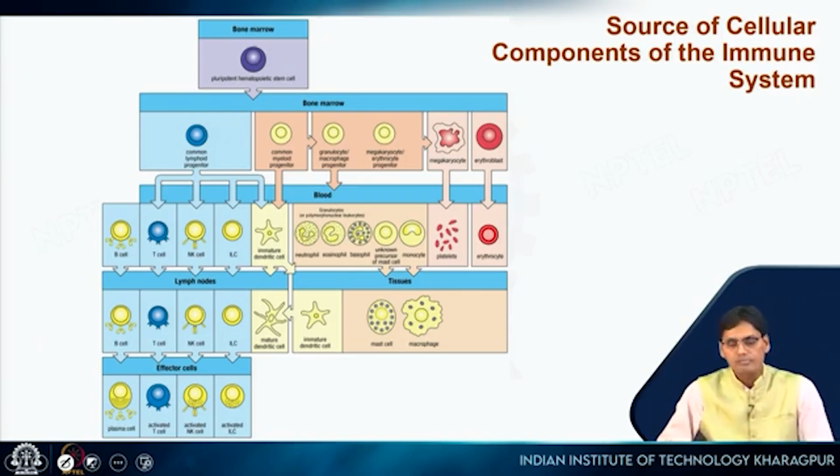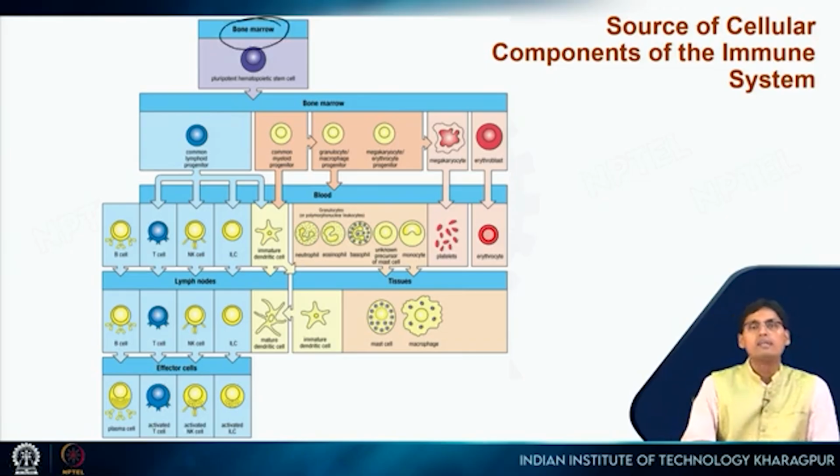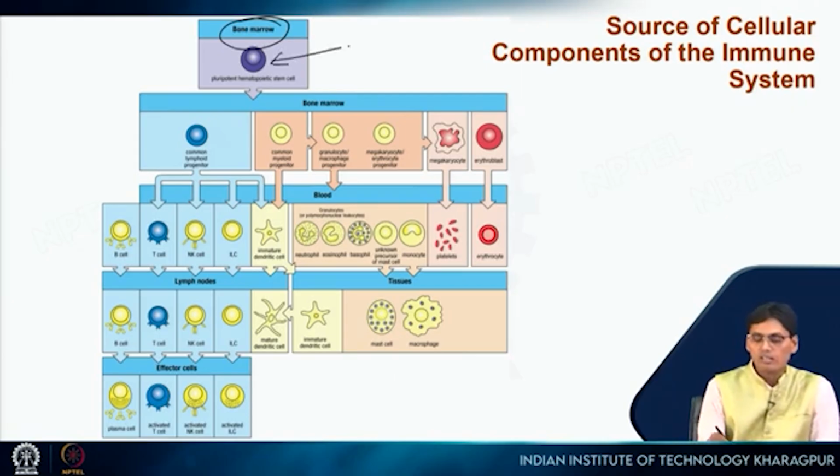So now all these immune cells, I would say the cellular components of the immune system, are coming from the bone marrow. Okay, and the bone marrow has multipotent stem cells.